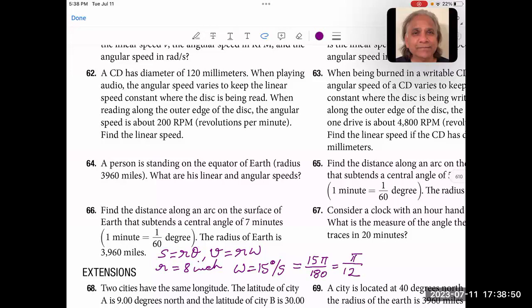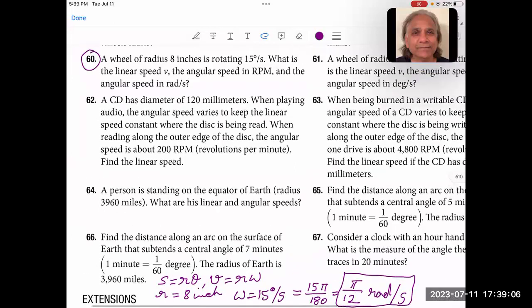So pi over 12 radians per second. So 15 degrees per second is the same as pi over 12 radians per second. And in doing that, we have already answered the third part of the question, which asked for the angular speed in radians per second. So that answer is pi over 12.